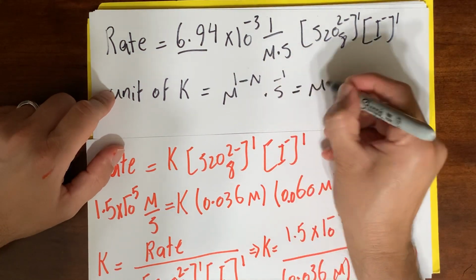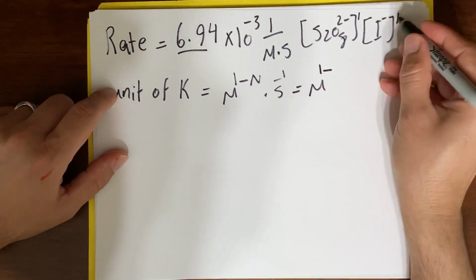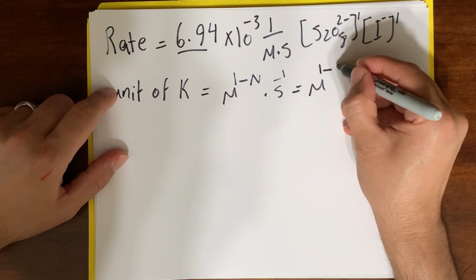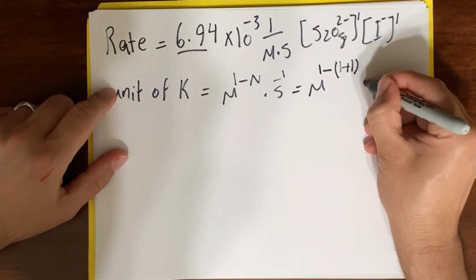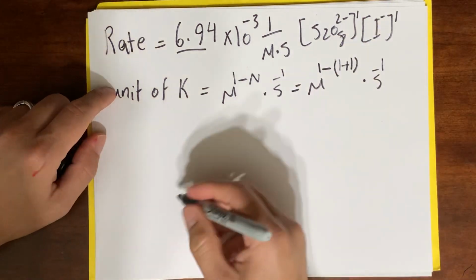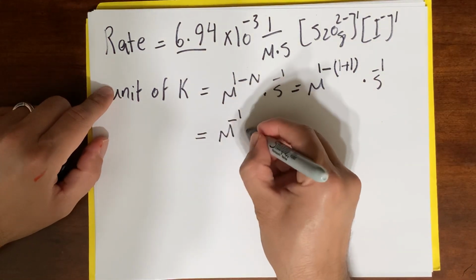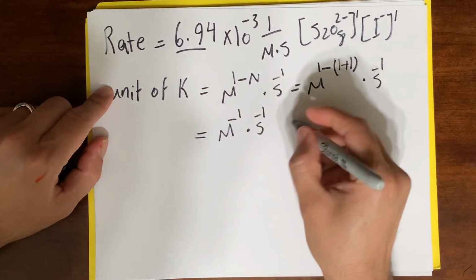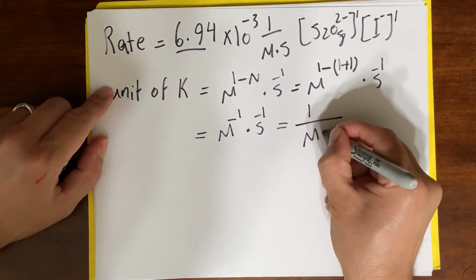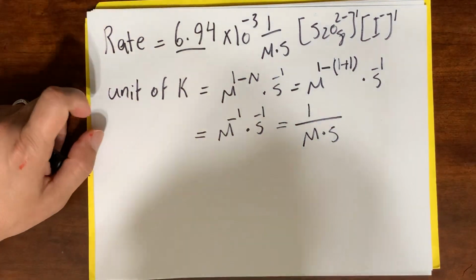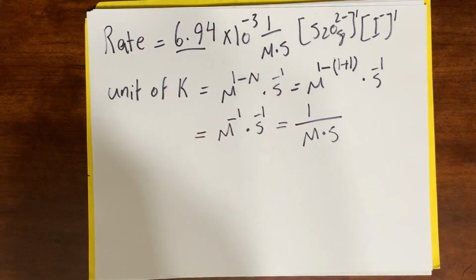So you go with M to the 1 minus 1 plus 1, which is n, multiply s minus 1. We get M minus 1 multiply s minus 1, and this is equal to 1 divided by M multiply s. And this is the right unit. Okay.